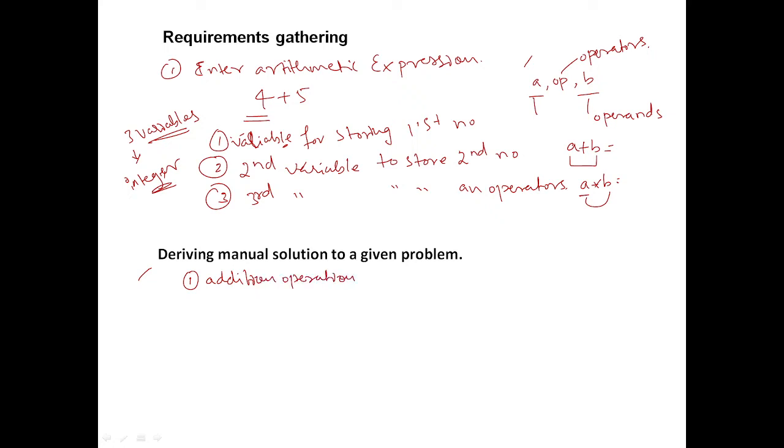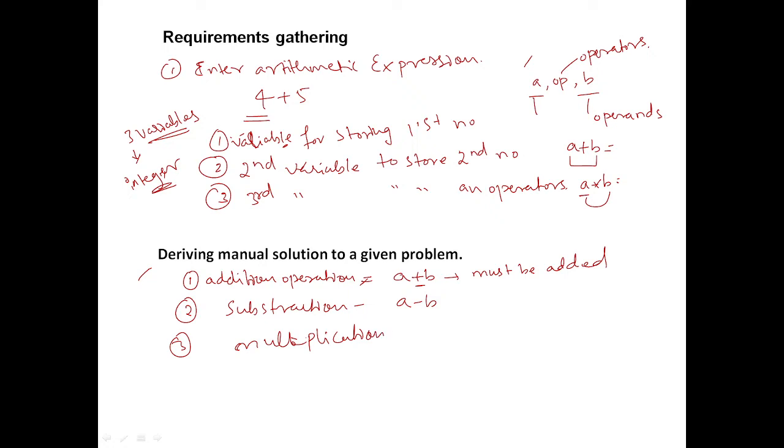So manually, what we do is write an expression, that is A plus B. When the addition operator is written between two operands, then the two variables must be added, right? And the second case is subtraction. So here the expression will be given in this way. The third case is multiplication.